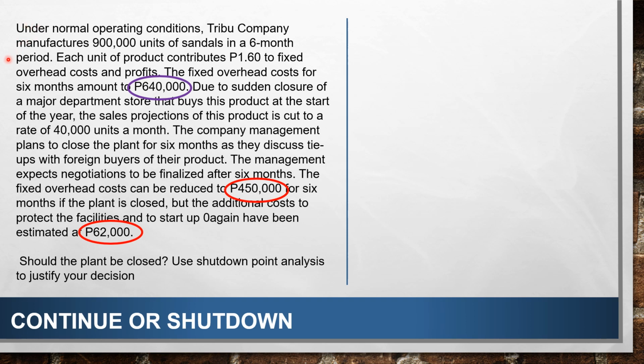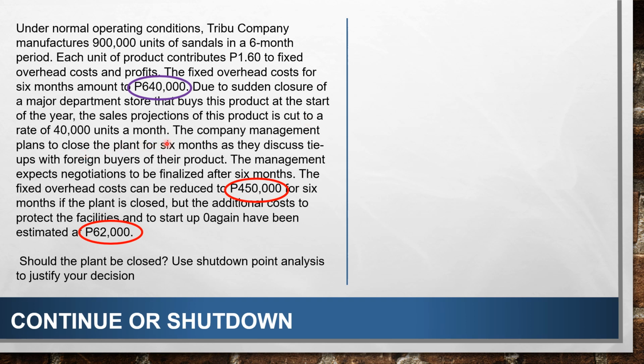So therefore, this is our contribution margin per unit. The fixed overhead cost for 6 months amounts to 640,000. Due to the sudden closure of a major department store that buys this product at the start of the year, the sales projection of this product is cut to a rate of 40,000 units a month. So only 40,000 units per month.